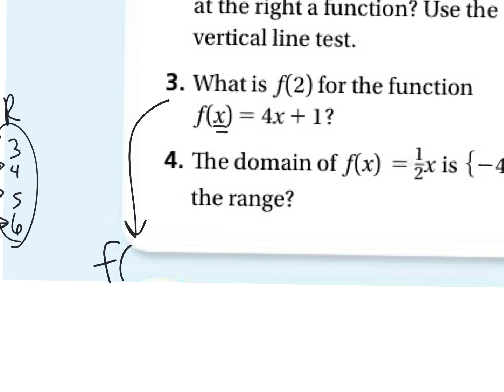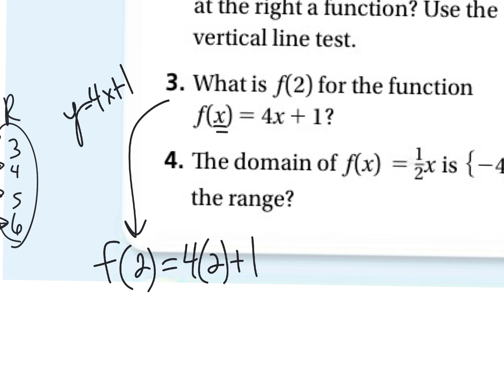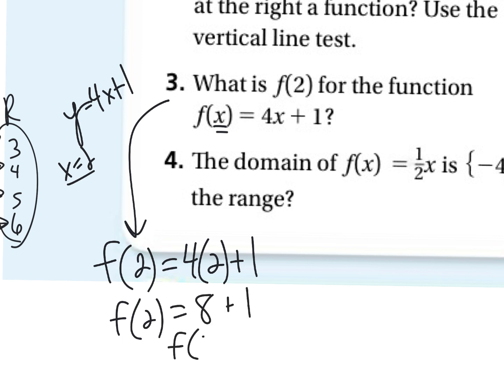Instead of an x, we're putting a 2. It's just like if we had y equals 4x plus 1, and then they said, well, what if x equals 2? It's the same idea. So 4 times 2 is 8, plus 1 is 9. So we could say f of 2 equals 9, which just means if you put a 2 in place of x, you get 9.